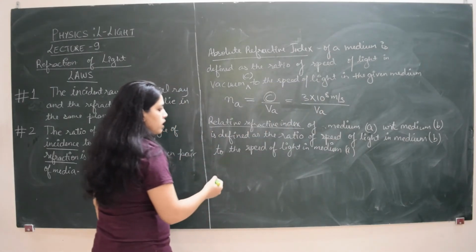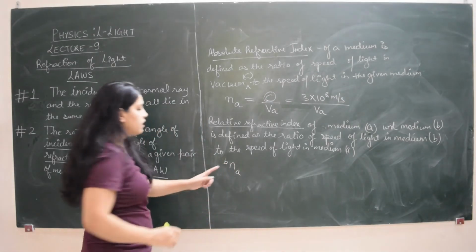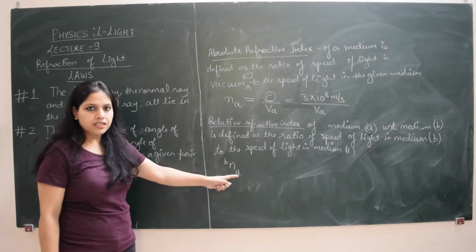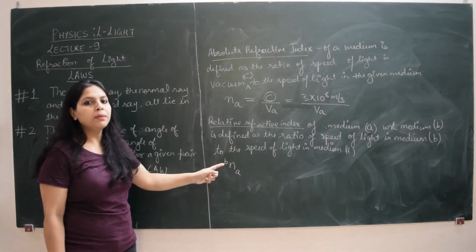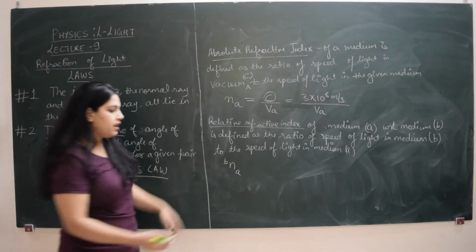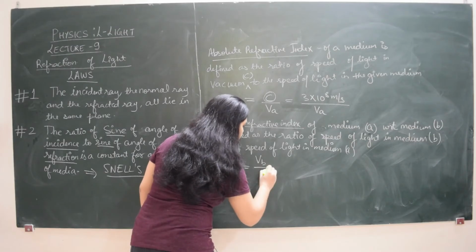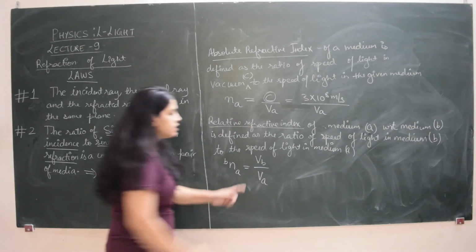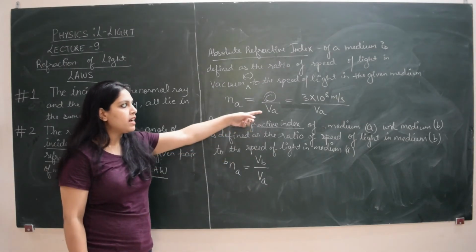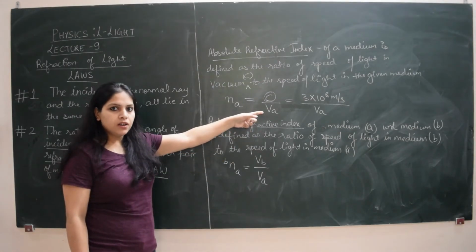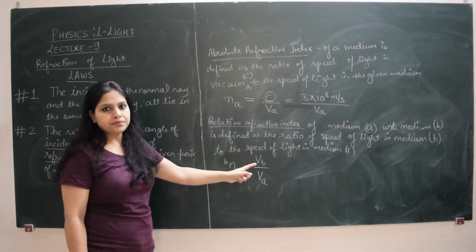So how can you represent it? NAB. Here I have written A in the subscript just like in the previous case, but here at the top I have mentioned B also, with which we are comparing A. So this becomes VB divided by VA: speed of light in medium B divided by speed of light in medium A. Speed of light in medium A was in the denominator here also, just that I have replaced C with VB.